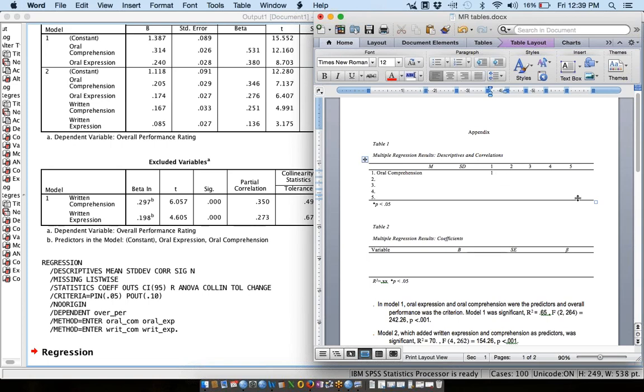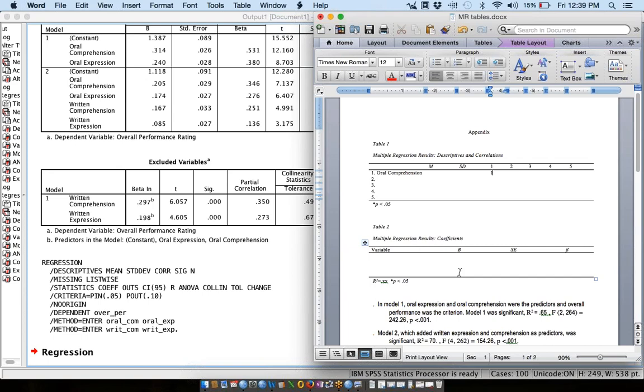You're going to remember to only fill in either the bottom half or the top half of the triangle. And you're going to make sure it's 2 decimal points and flag it if it's significant. They're all significant, so you're going to change that to 0.001 and flag them all. And then here, you're going to list your variables.